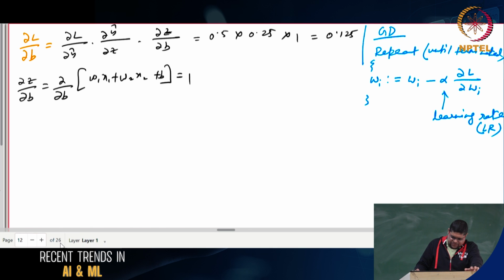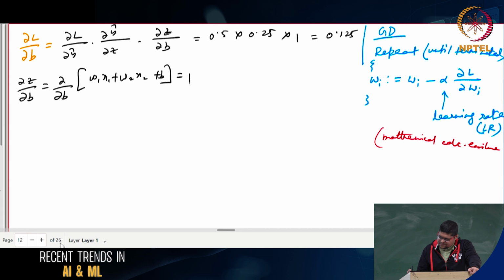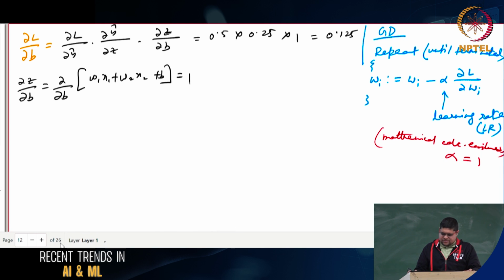But for the time being, only for the sake of mathematical calculation easiness, I am considering alpha equal to 1. That should not be, but for the sake of calculation. Okay.